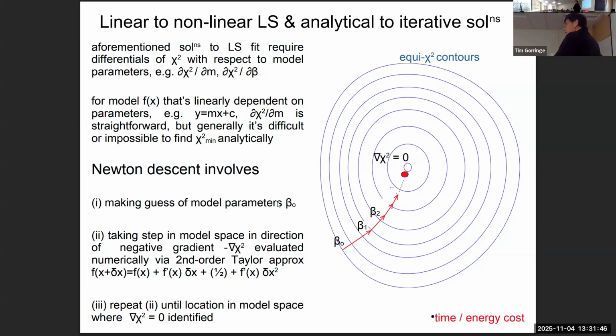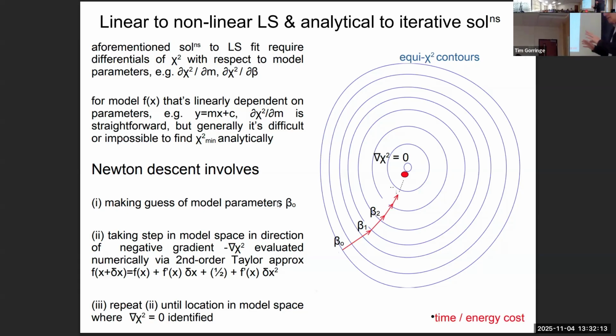If the slope of the slope, or curvature, is changing slowly, it seems like you're getting near to the minimum, so you might want to take a small step. So the Newton method accounts for both the slope in taking your step in chi-squared space, and also the rate of change of the slope, the curvature. It takes into account both of those.